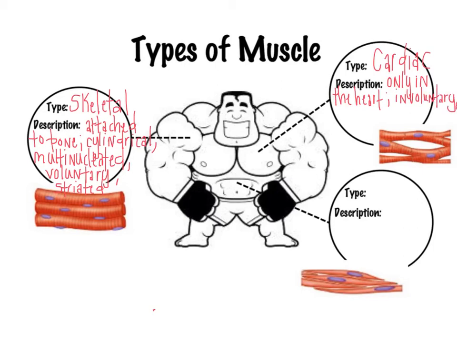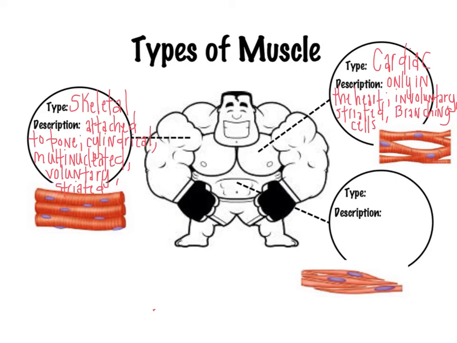If you look at it, it also has that striped appearance, so we're going to say striated. It is branching, or branching cells, or if you wanted to say Y-shaped, you can see in the picture it's not completely straight like we see in that skeletal.